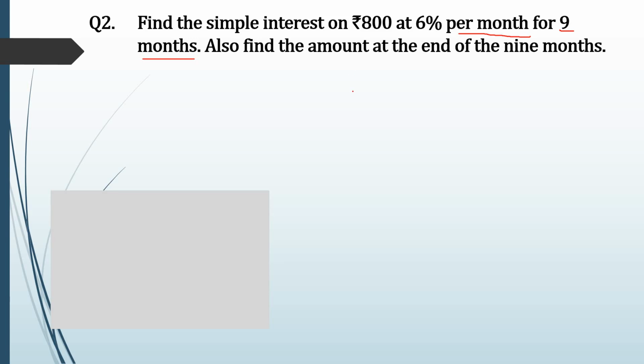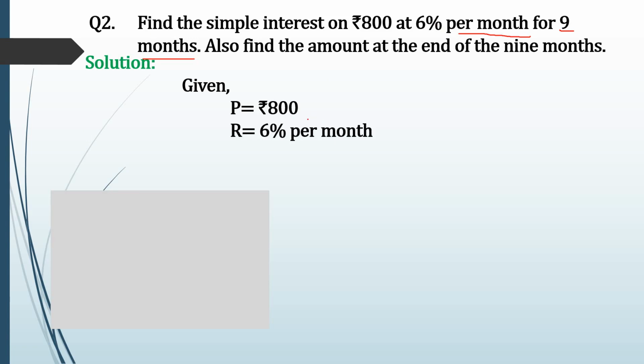Let us start this question now. Now we'll start first by writing the given conditions or given things. What are the given things over here? Principal, how much is it? Rupees 800. We are also given the rate, and what is that rate? 6% per month. We are also given time.